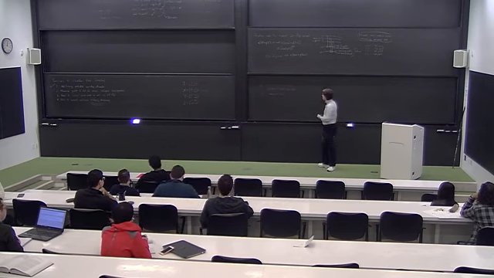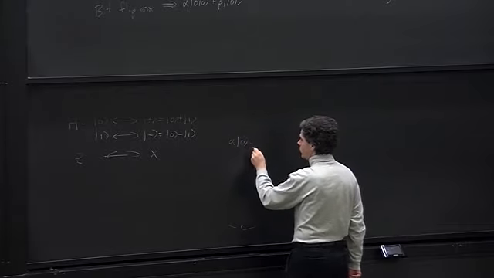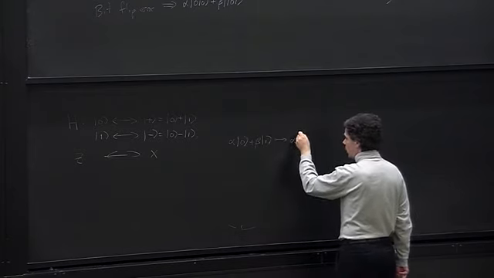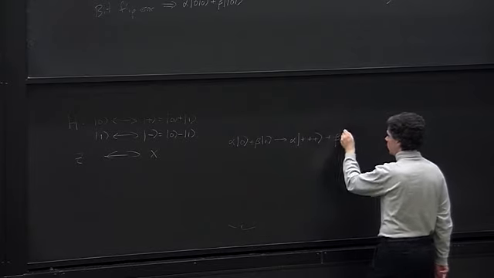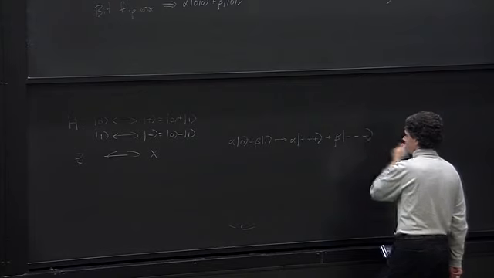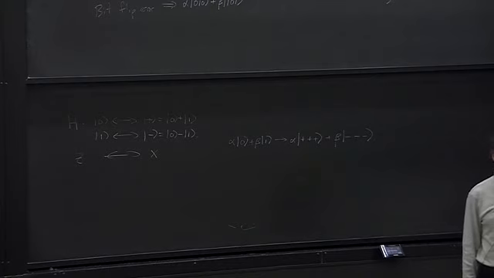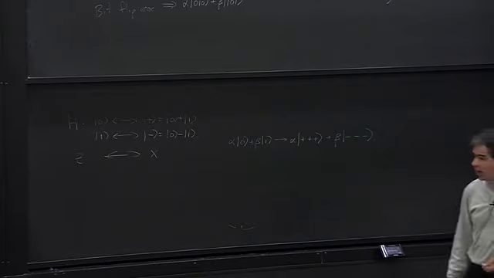phase errors. So in particular, suppose we encode alpha 0 plus beta 1 as alpha plus plus plus plus beta minus minus minus. OK? And now suppose that there's a phase error on, say, the first qubit. Now what's the state?